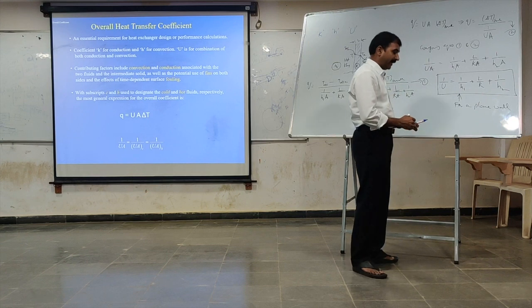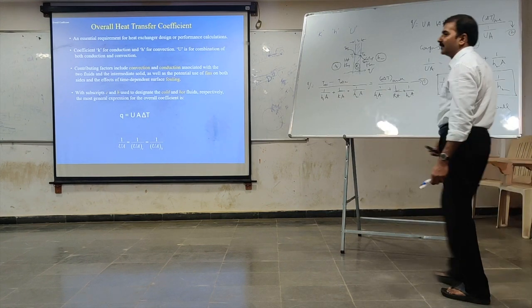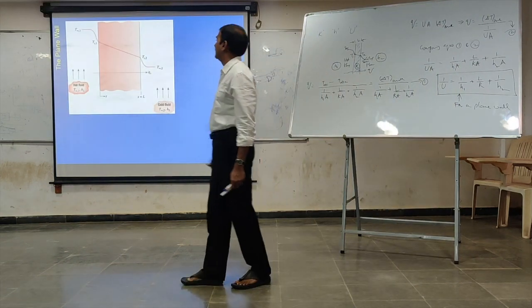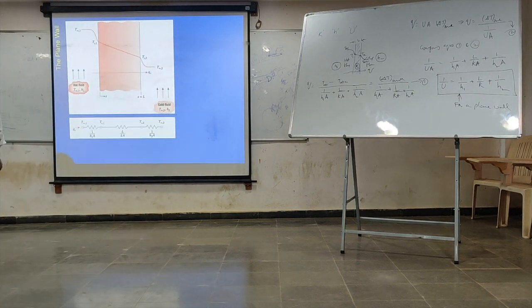Suppose it is not a plane wall, say some cylindrical wall. This is the structure that I have taken. For this structure, this is the thermal network diagram, and of course here he has taken U C for cold fluid, H for hot fluid. We just leave this. So you may please note this down.